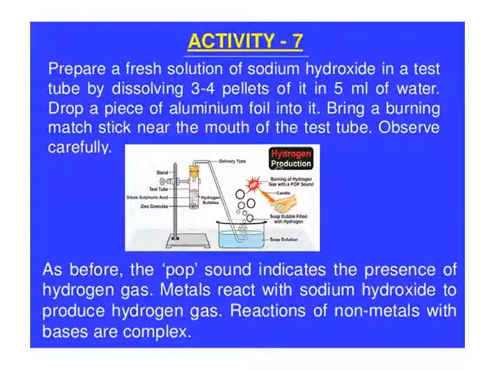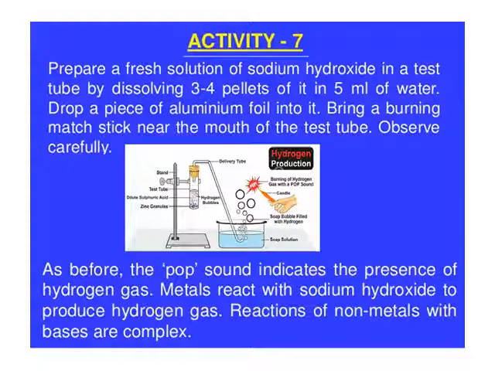Sodium hydroxide is an alkali, or we can say it is a base, and to it we are adding a small piece of aluminum. We can close the mouth of the test tube with our thumb and shake it well. Then the reaction will take place, and you will feel something forcing your thumb up, which means a gas is being evolved.